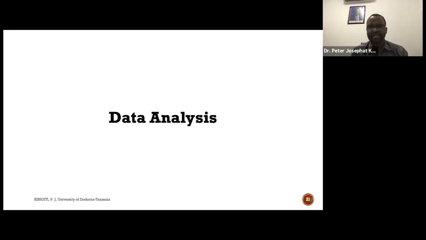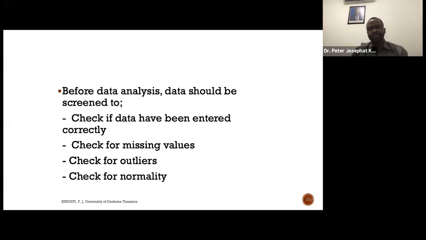Now let us see, as researchers performing an analysis of the findings from our survey, whether it is necessary to consider those issues. Here we are saying that it is very important that before you perform analysis, you have to clean your data.